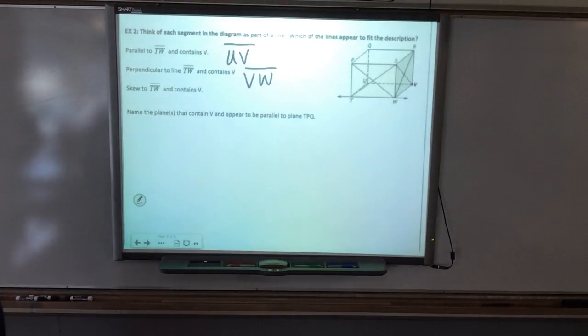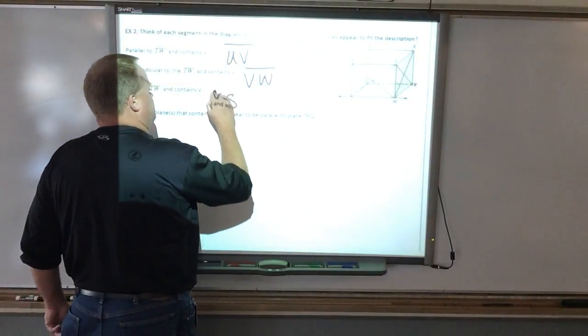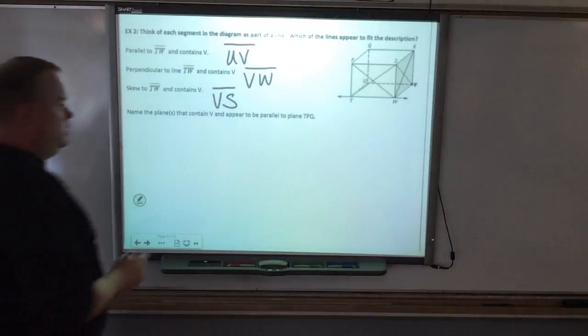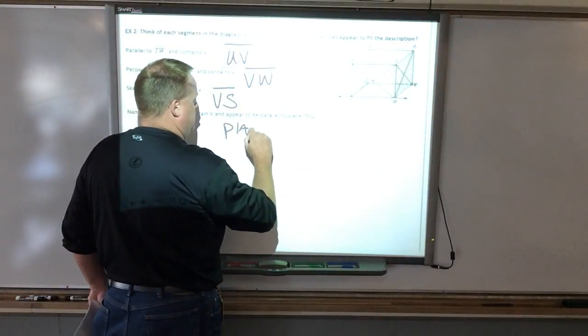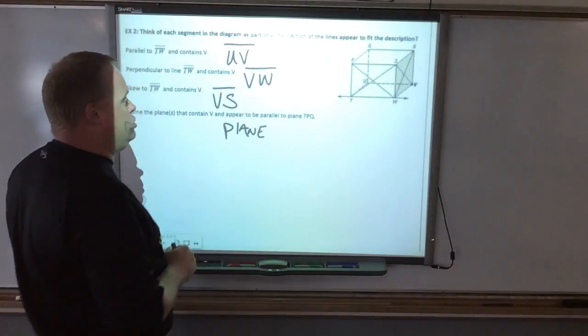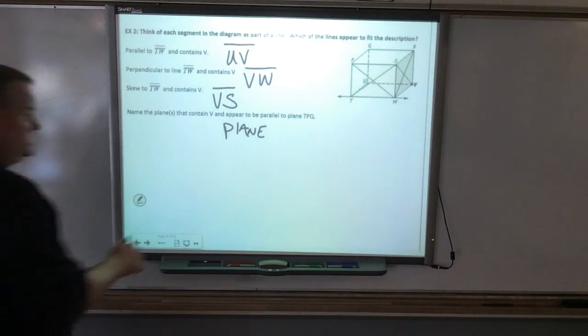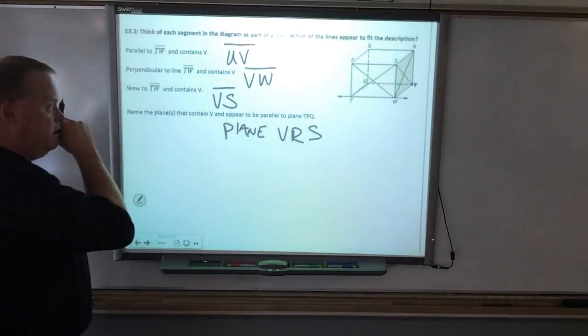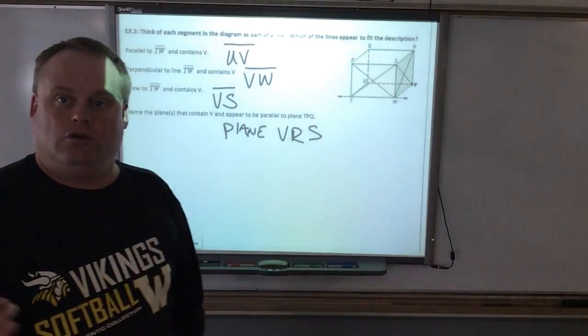Skew to TW and contains V. That would be line segment VS. And name the planes that contain V and appear to be parallel to plane TPQ. Well, to me, that's going to be plane VRS. Hopefully you got what I got.